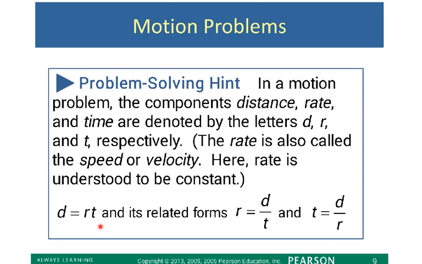So know this formula right here: D equals RT. Distance is equal to rate times time. And here are some other related forms: R is equal to D over T, and T is equal to D over R. Okay?